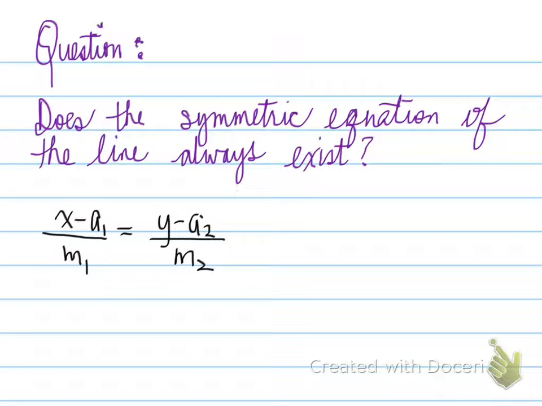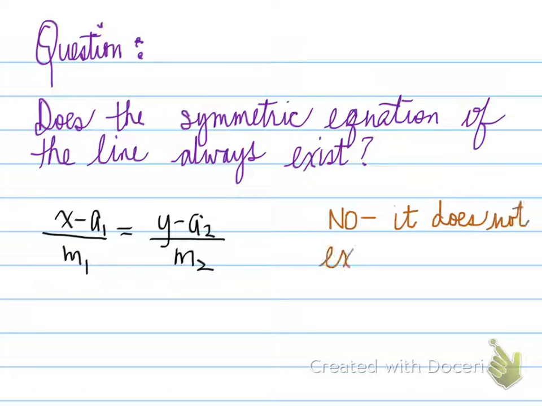Remember that these are part of the value next to t, and you divide by it. Could there be a possibility where it doesn't exist? And yes, there is.